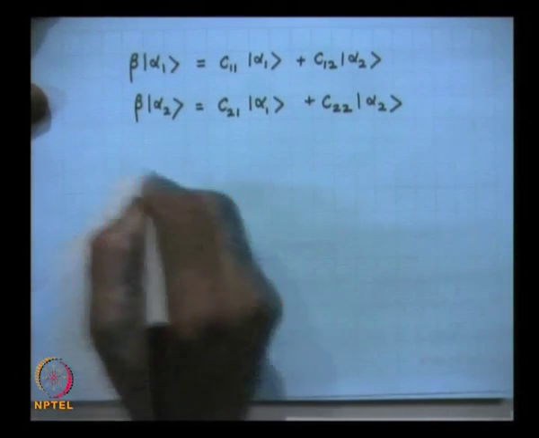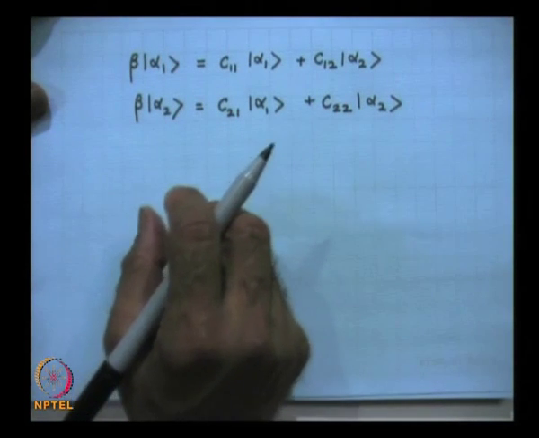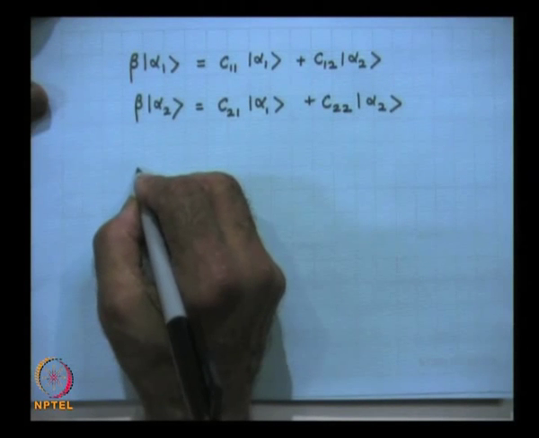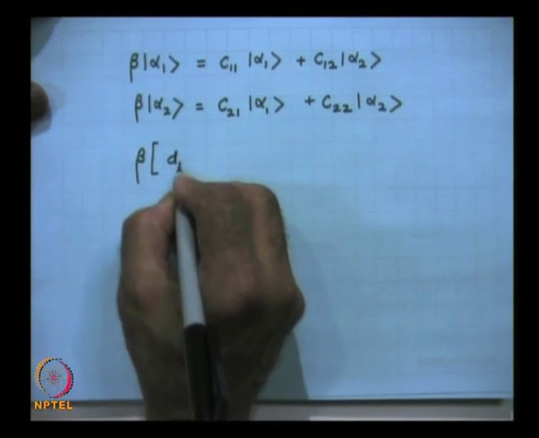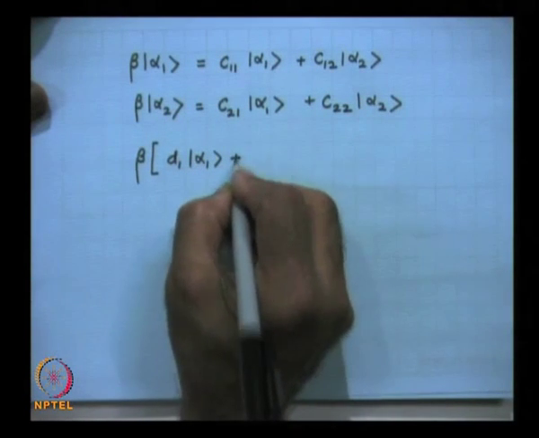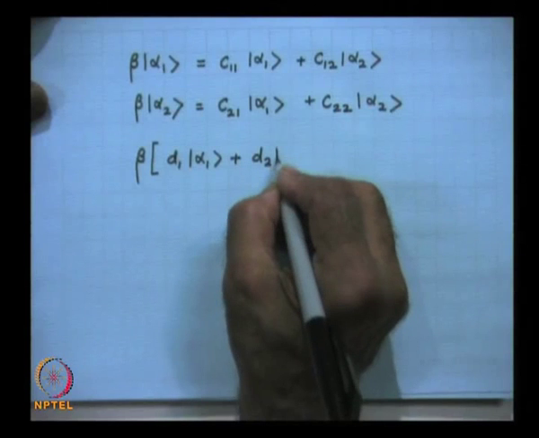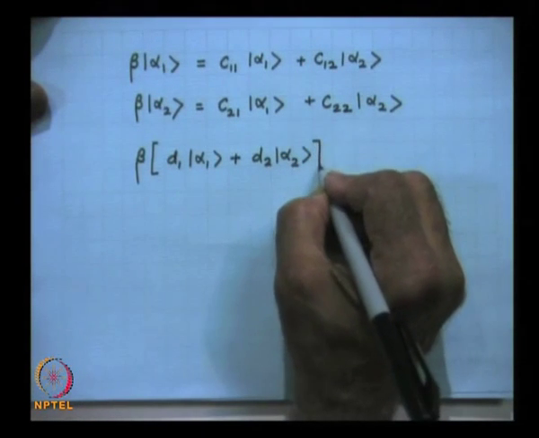Now, let the ket which is an eigenket of the operator beta be denoted by beta operating on D1 ket alpha 1 plus D2 ket alpha 2, where D1 and D2 are numbers.